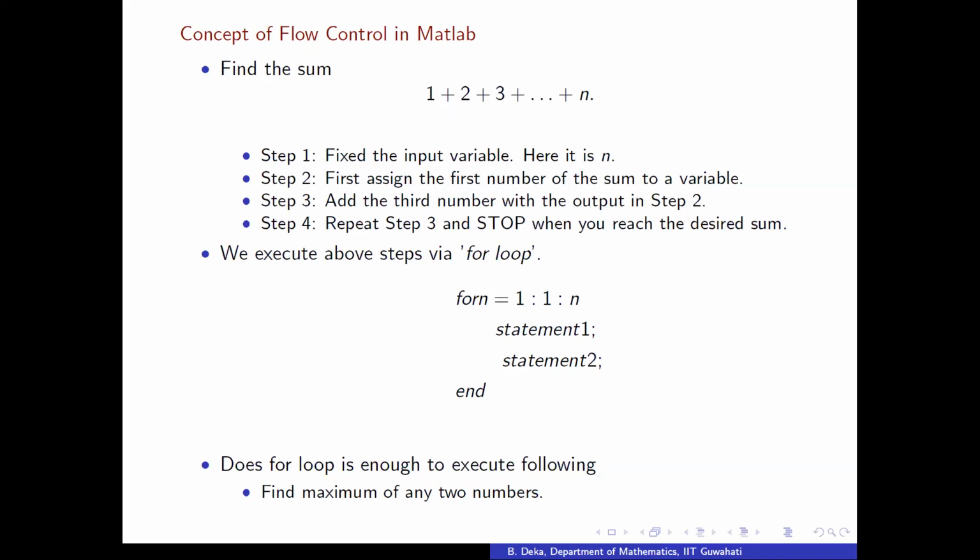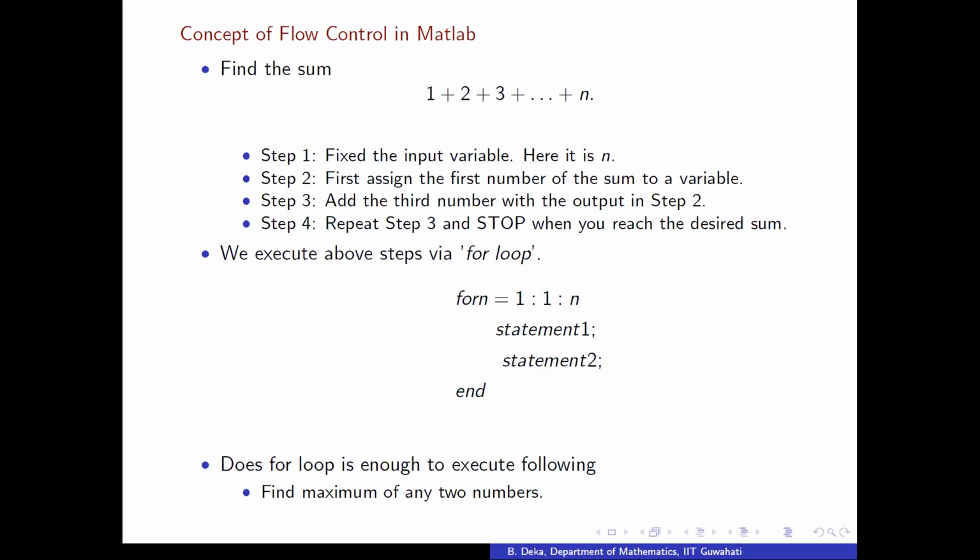When you are asked to find out the sum of any two natural numbers, there are no conditions, because you just give the input and then find out the sum. But when you are asked to find out the maximum of any two natural numbers, how do you calculate the maximum?